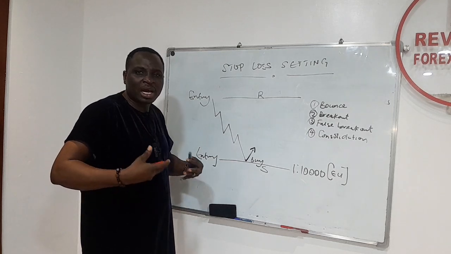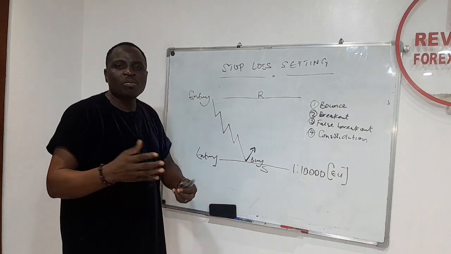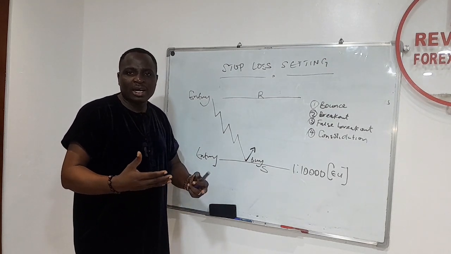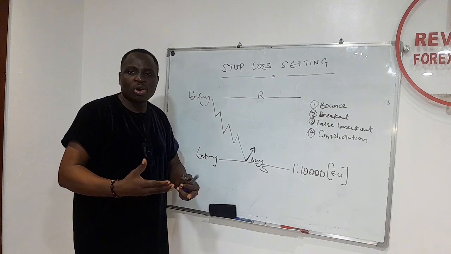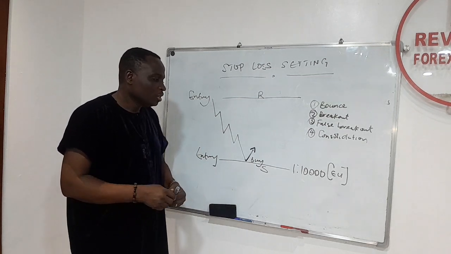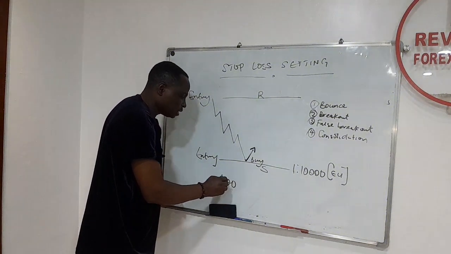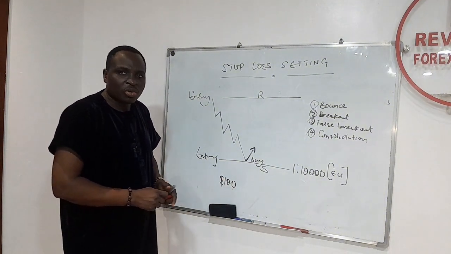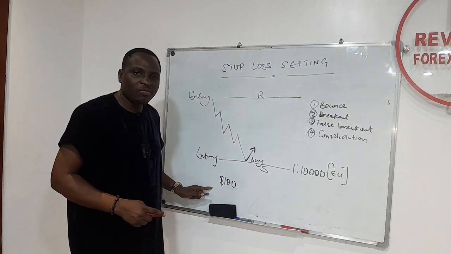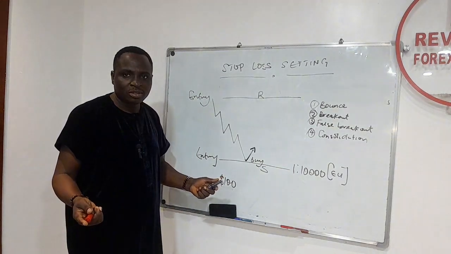You need to be aware of your risk tolerance, which simply means, how much am I willing to let go if market will not respect my analysis? For example, I'm running an account of $100. How much am I willing to let go of this $100 if market will not respect my analysis?